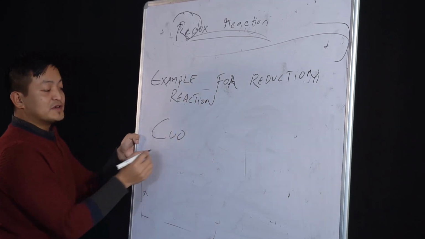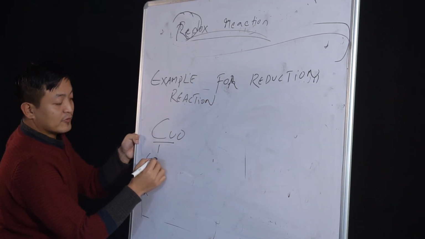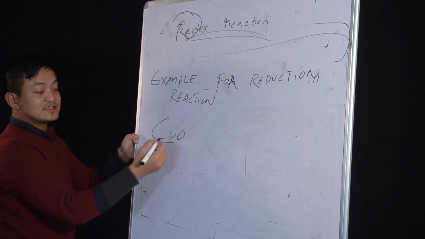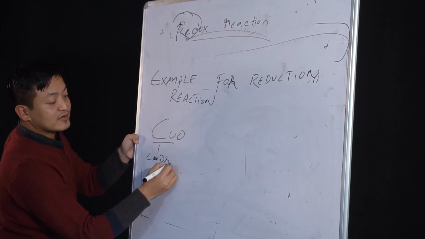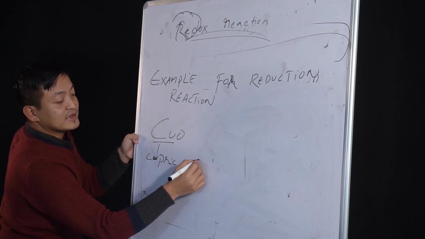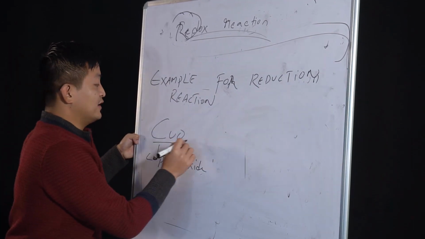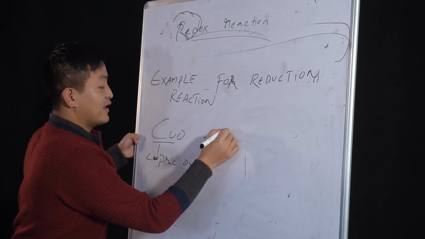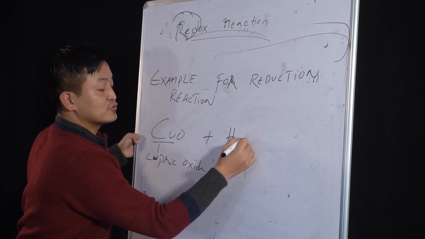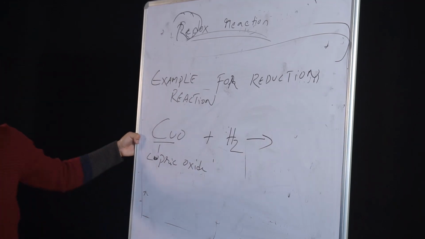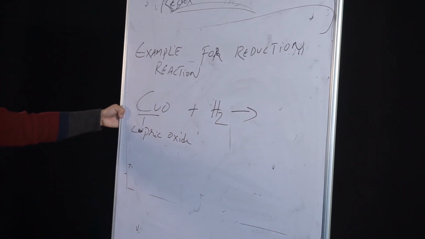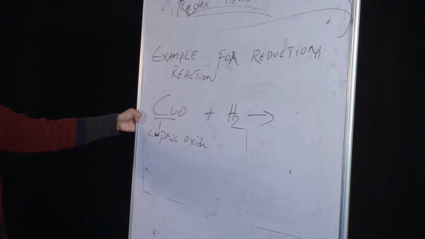CuO, which means Cu is copper and O means oxygen, so it is cupric oxide, okay? Cupric oxide and H2, hydrogen gas. Now reduction means removal of oxygen.